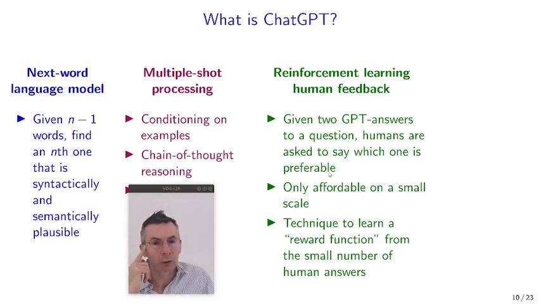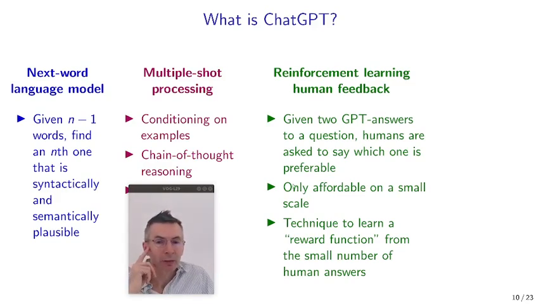Humans are asked to say which one is preferable. And then that feedback from humans is used in the design of the reinforcement learning part of GPT, where it selects from several different answers that it could give. It selects the one that most matches what humans would say is a preferable answer.